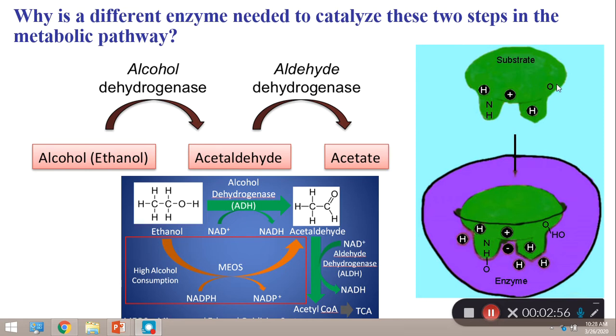If this enzyme is alcohol dehydrogenase, the substrate is ethanol. The ethanol is sitting into the alcohol dehydrogenase active site and forming an intermolecular interaction there via van der Waals or via hydrogen bonding or ionic bonding, allowing for that initial transformation to acetaldehyde. And then acetaldehyde does the same thing with aldehyde dehydrogenase to create acetate.